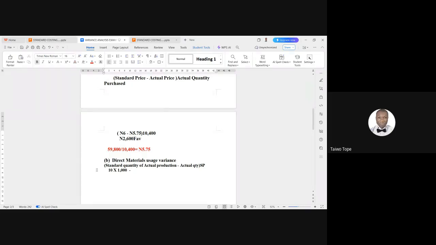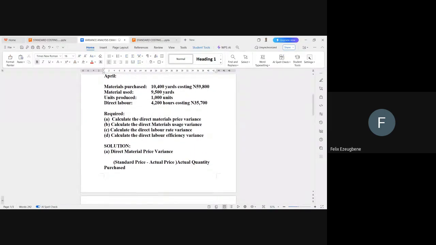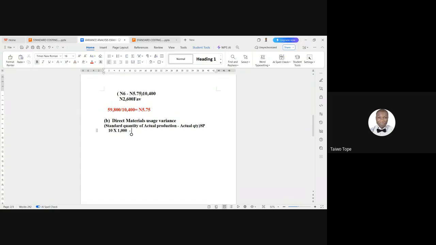The actual quantity is 9,500, the material used. Actual quantity of material used, because we're talking about usage now, not purchase. You understand? What you use in the actual sense. So it's 9,500.